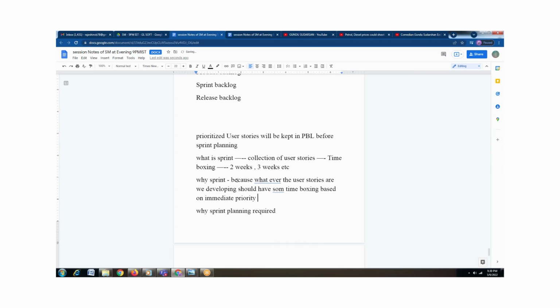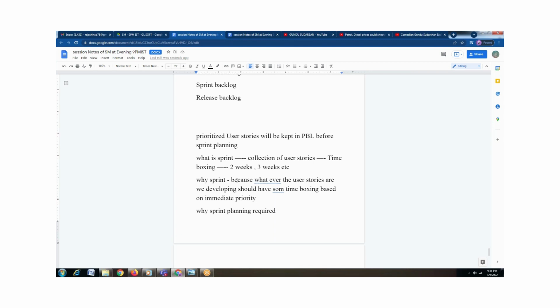For example, out of 10, we want to develop 4 user stories first, immediately. So where do you keep all that? For that reason, we create a sprint. In this sprint, all these 4 user stories will be kept.